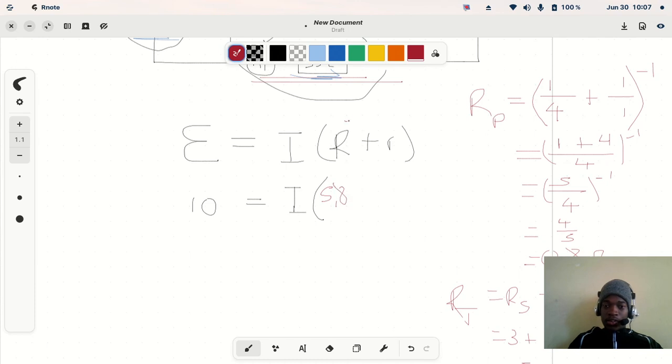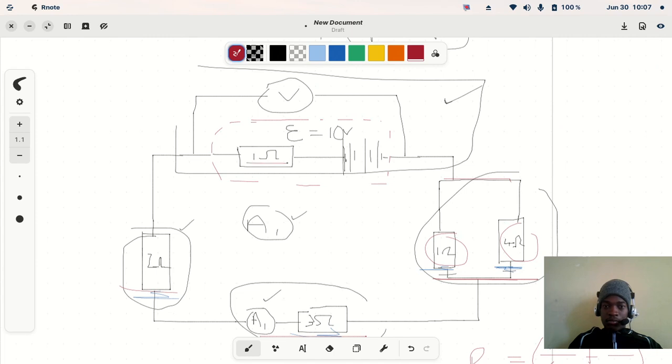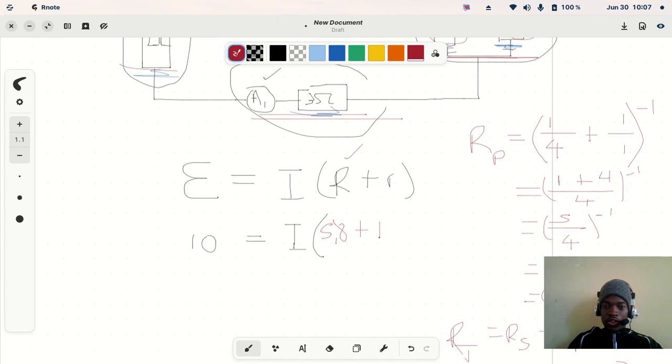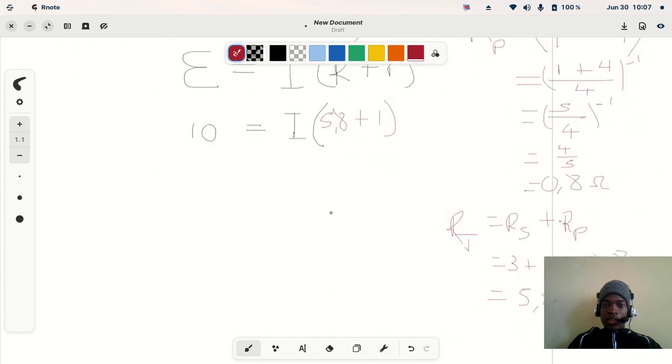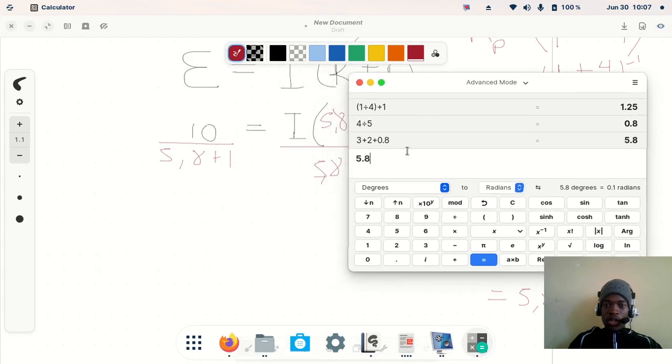Remember, that was the external, and then for the internal, remember the internal is given as the small r, the resistance in the internal circuit, so that is just 1. Okay, so then we do the math. I'm just going to divide both sides by 5.8 plus 1. Then we let the calculator do the work.